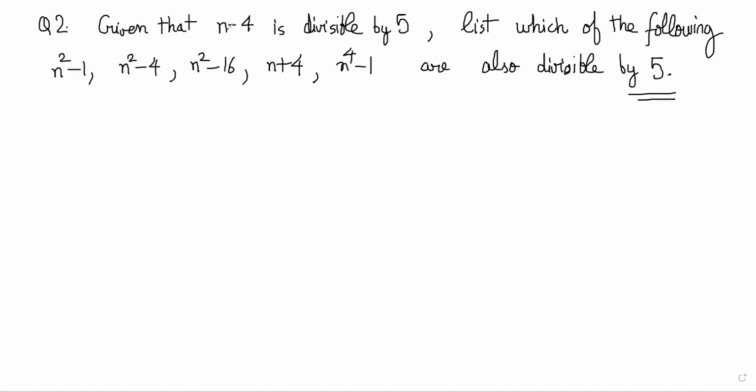Great. So we know that n minus 4 is divisible by 5. So n minus 4 should be 5k. So n should be something like 5k plus 4, right?